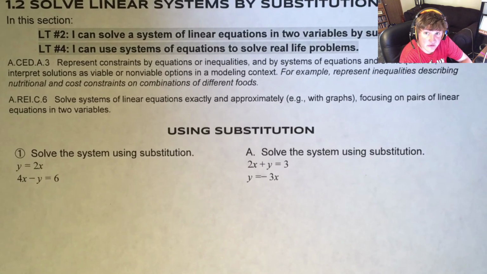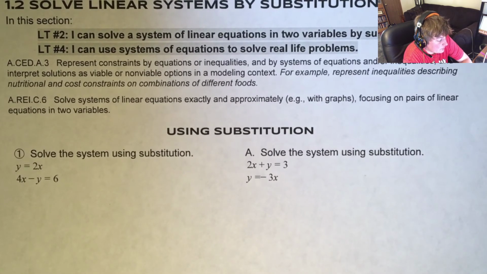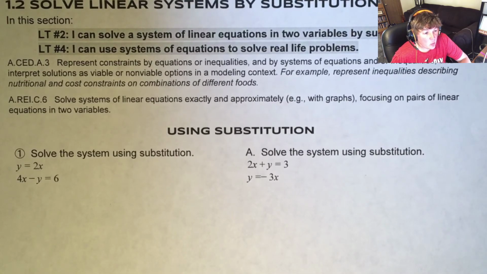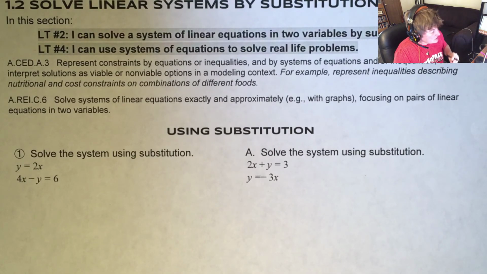So if I knew x was 5, I can plug in all x values of 5, and that will help me solve. That concept is going to be consistent here in this method. The only difference is we're not going to know exactly what number x or y is equal to. But once we know what it's equal to, we can go ahead and plug that in, and it will help us find an x or a y value. So let's go ahead and get started.